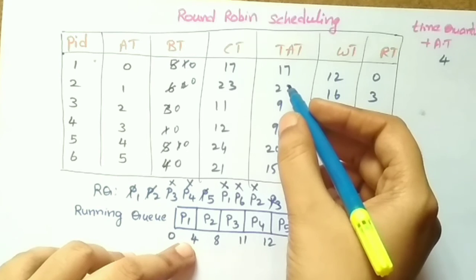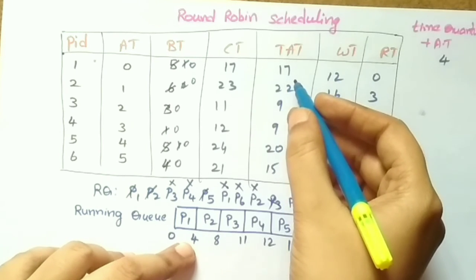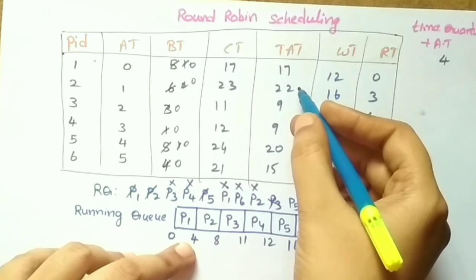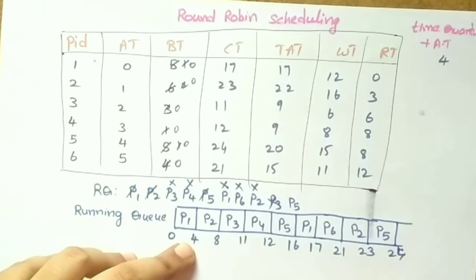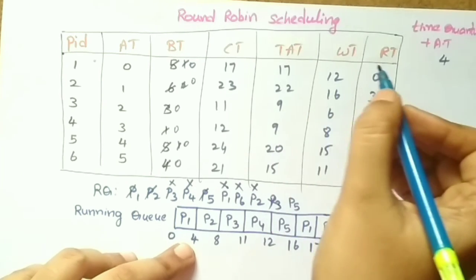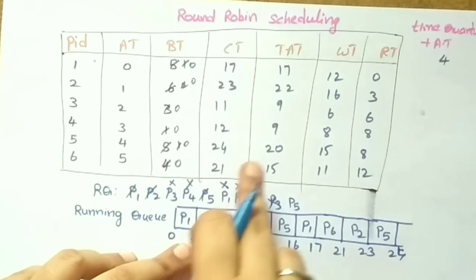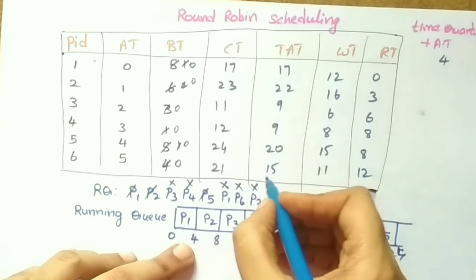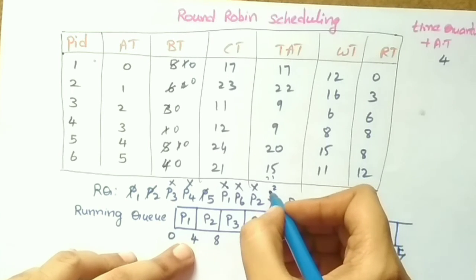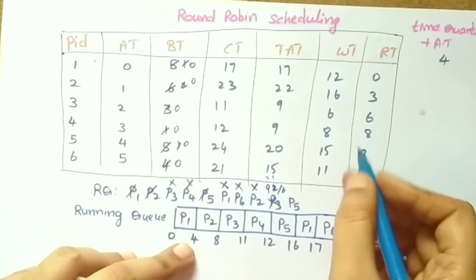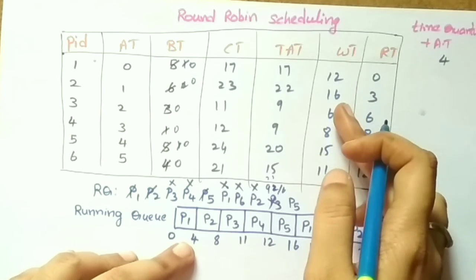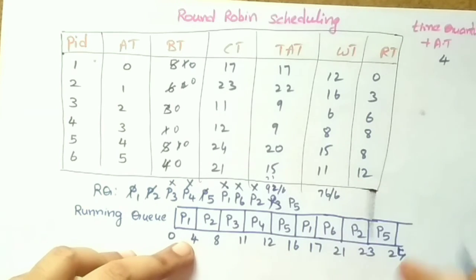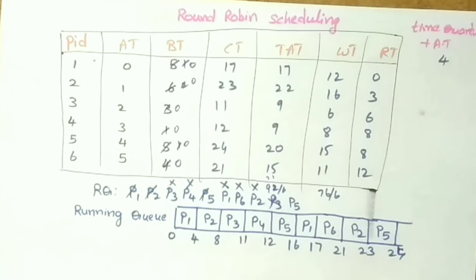So 18 plus 35, plus 22, 57, and then 77 plus 15, 92 by 6. And the waiting time is 76 by 6. So that is the average waiting time and turnaround time.